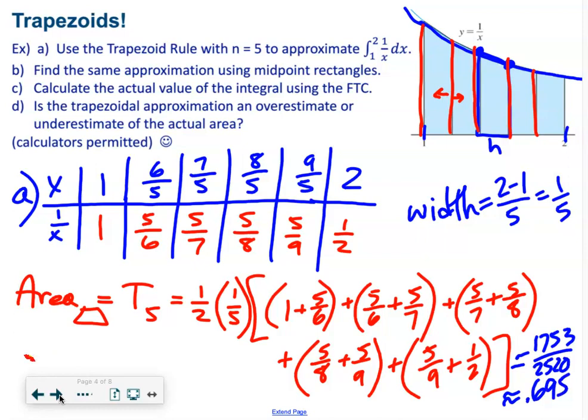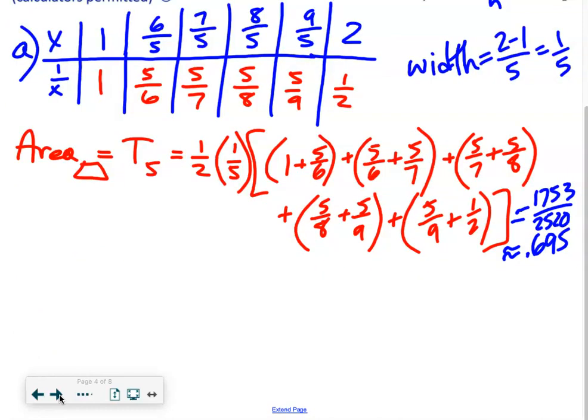So 0.695 or 0.696. I really should just put on my glasses. That is roughly what this answer is. Yeah, that looks right. Okay, so there's our trapezoid.